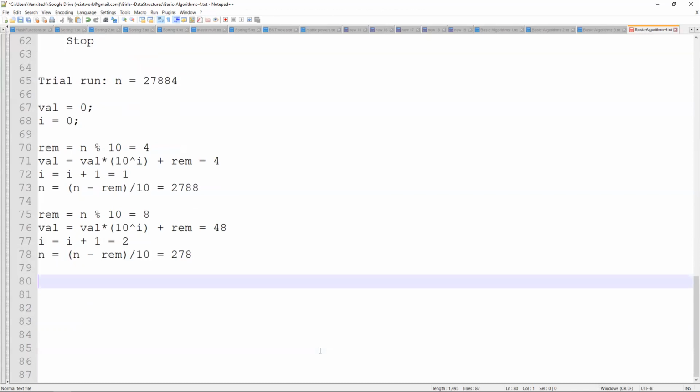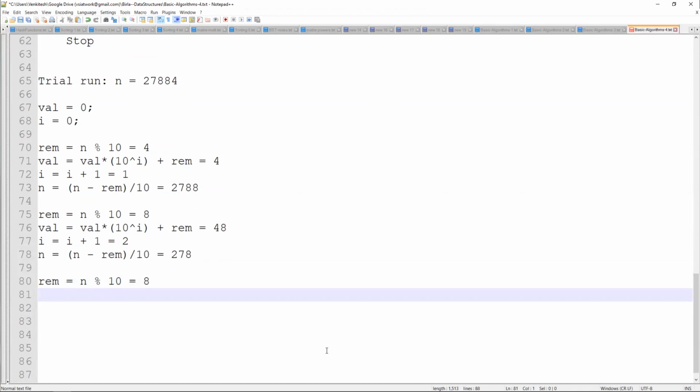Again, rem is equal to n mod 10. Now n is 278, so mod 10 is going to give me last digit 8. Val is equal to val into 10 to the I plus rem. But note, what is I now? I is 2. So 10 to the I, 10 square, is 100.